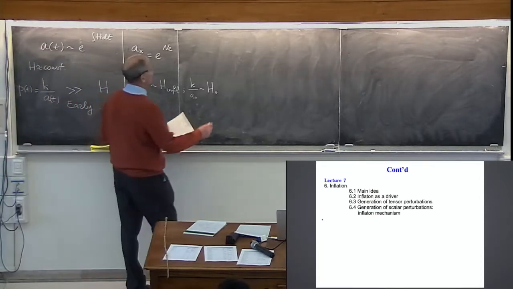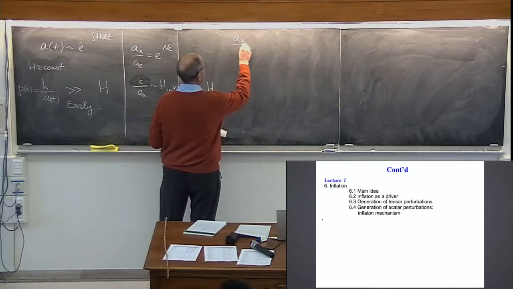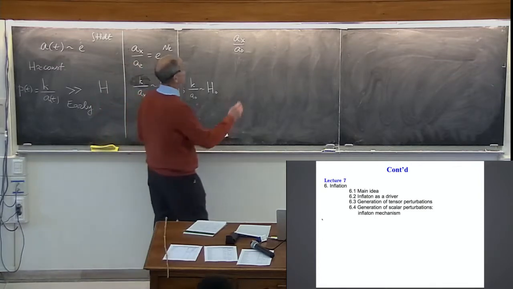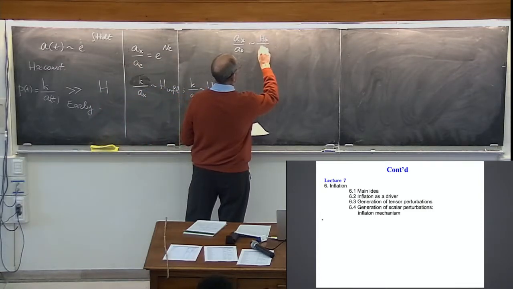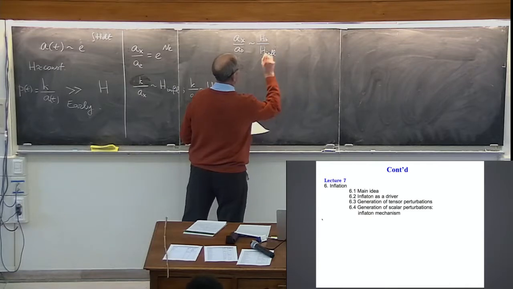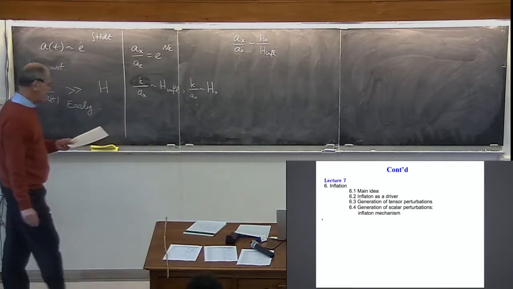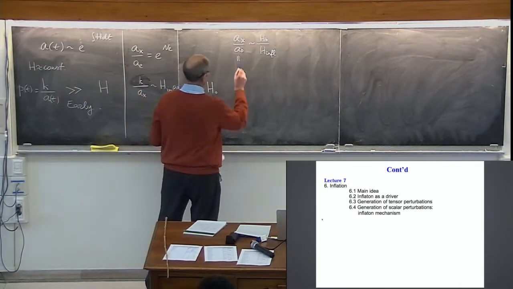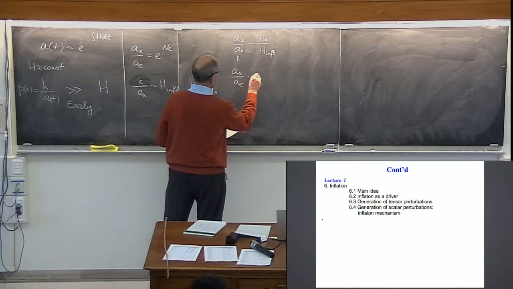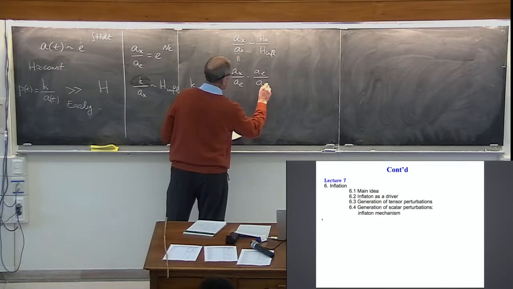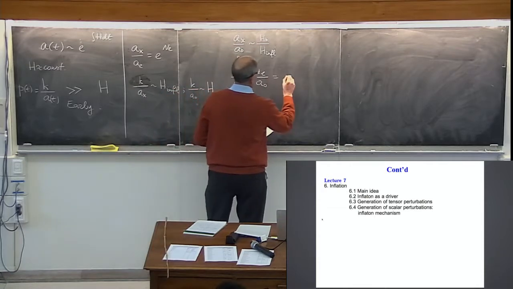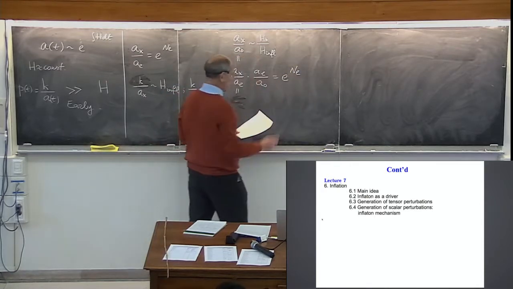Which means that the ratio between the scale factor at crossing and today is of order of H naught over H at the inflationary epoch. Then you can estimate this ratio as a at the end of inflation over a at crossing times a today over a at the end of inflation. This is e to the number of e-foldings. That's an important number.